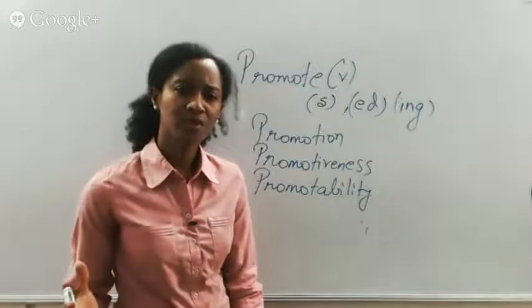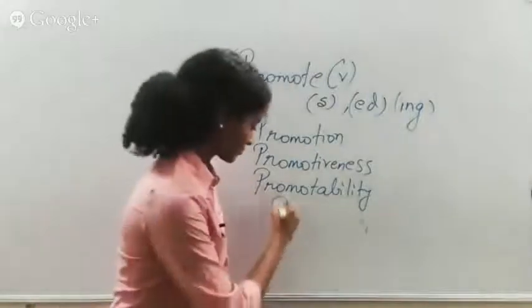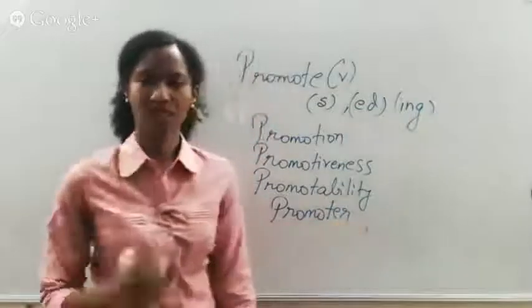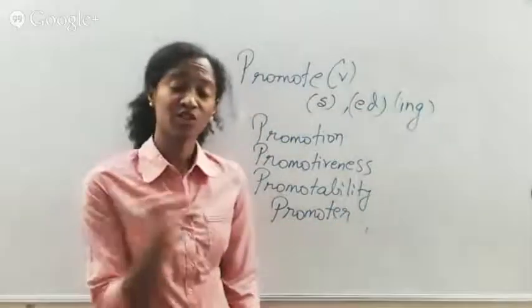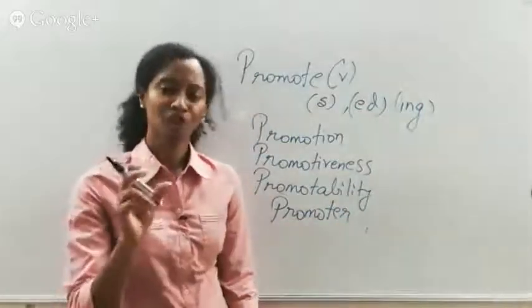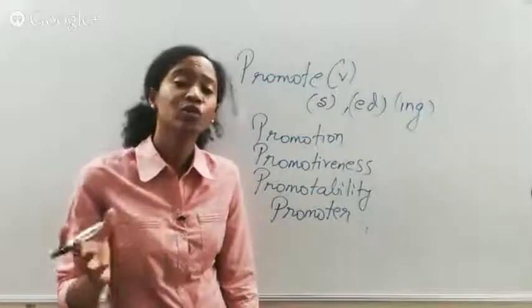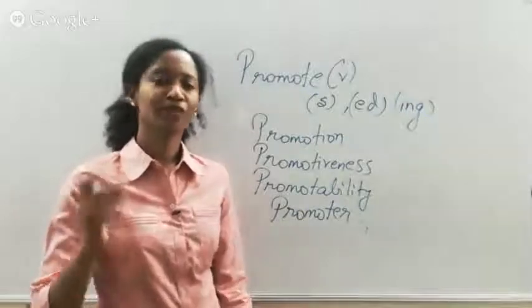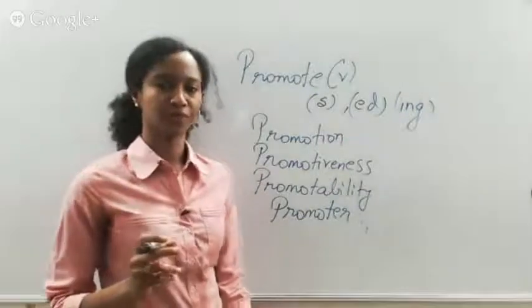Any other noun forms? Promoter. Okay, so this is also a noun form. So did you notice one thing? Some words might have more than 2 or 3 noun forms, right? So it's important for you to keep that in mind also.